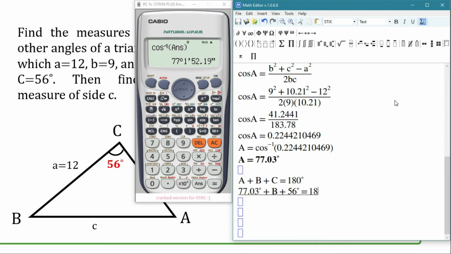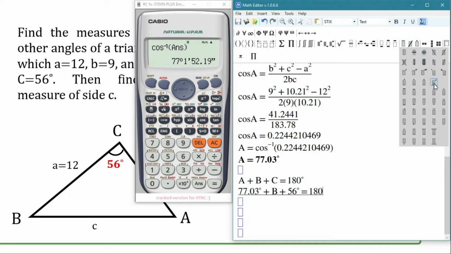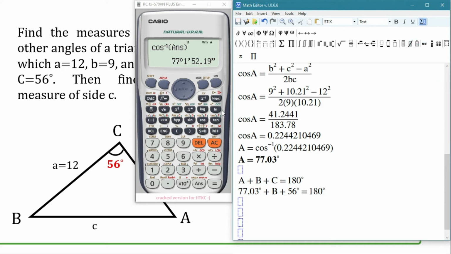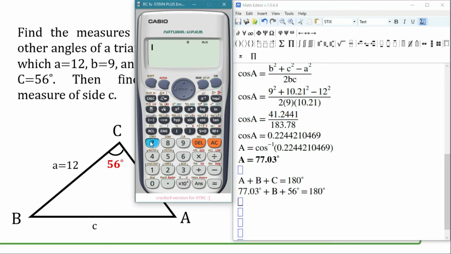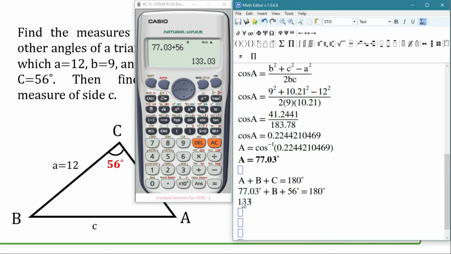equals 180 degrees. Okay? And then ang gagawin natin is simplify kung ano yung dapat nating i-simplify. So that is 77.03 plus 56, that would be equivalent to 133.03, plus B, since si B yung hinahanap natin, equals 180 degrees.